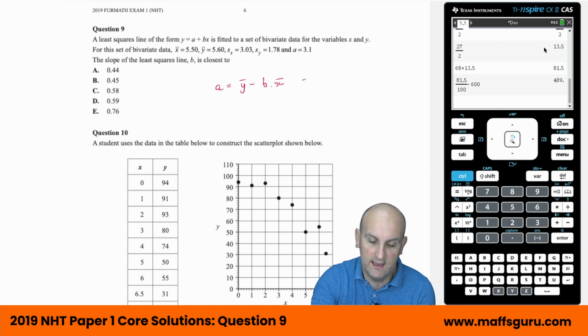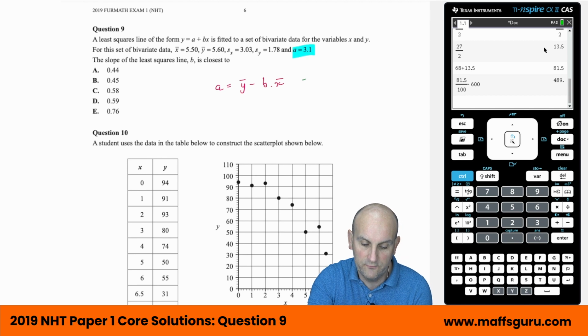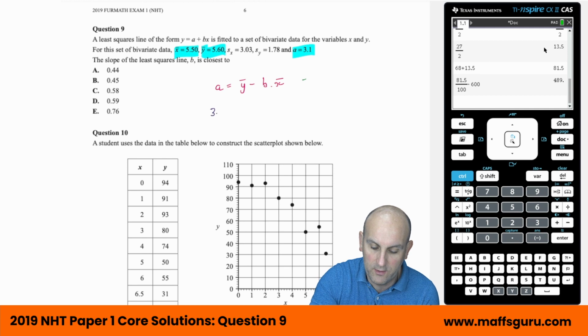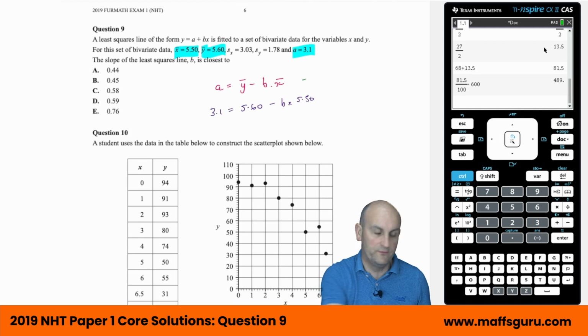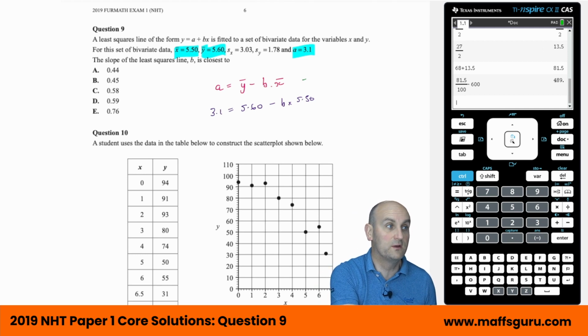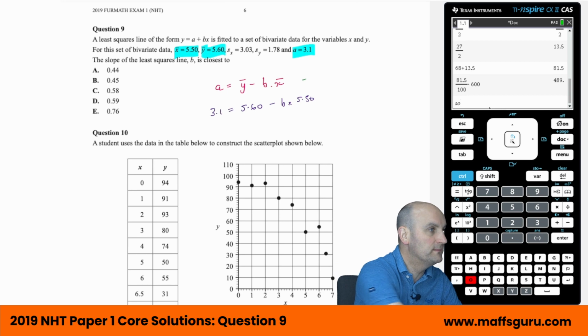They've given me the value of a, the value of y bar, and the value of x bar. Right, let's see what we got there. So we've got 3.1 is equal to y bar 5.60 minus the value of b, which we're trying to find, multiplied by 5.50. There's a number of ways of doing this. Let's just use the solve function on my calculator.